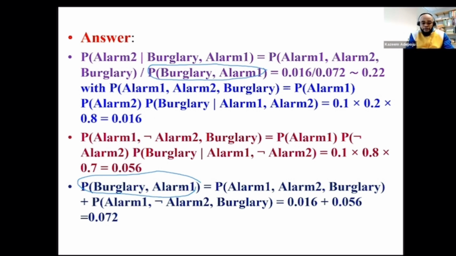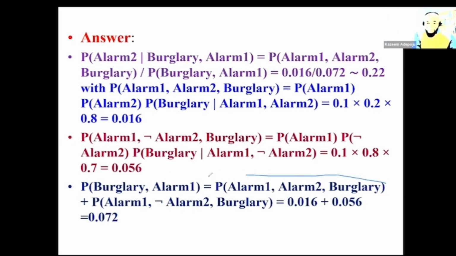For burglary and alarm 1, you consider alarm 2 along the line and the complement of alarm 2, if you follow what we've been doing. So the probability of burglary and alarm 1 is this guy plus this guy. And we've already obtained this guy, the joint, which is what we got here.